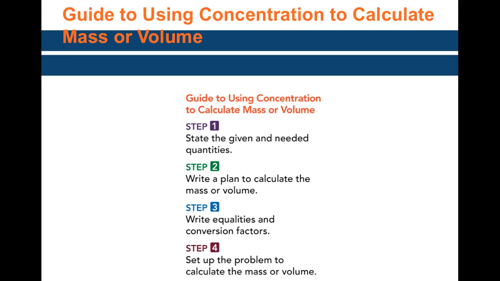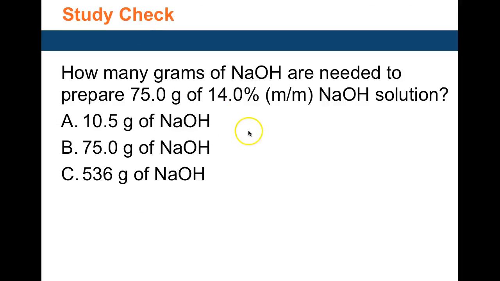So you look at what's given, write out a plan where you convert the given into the needed quantity using those equalities and conversion factors. Here it says how many grams of sodium hydroxide are needed to prepare 70 grams of solution, which is 14% mass by mass.